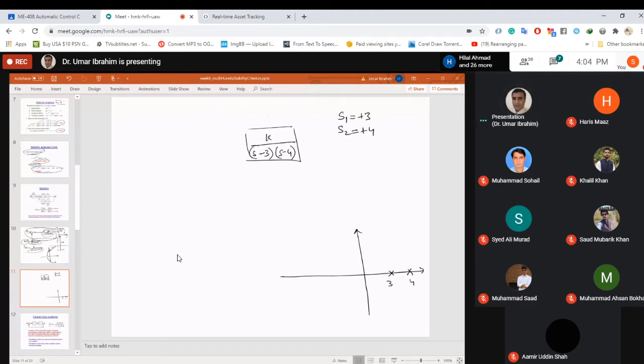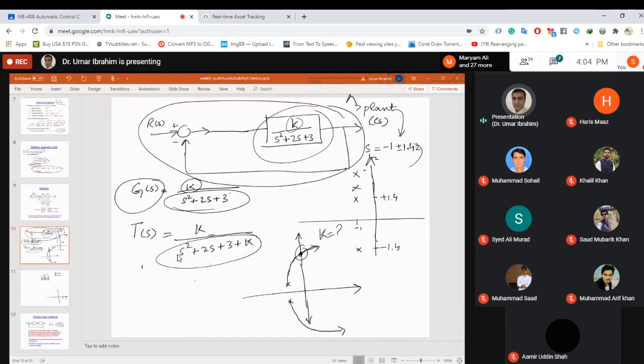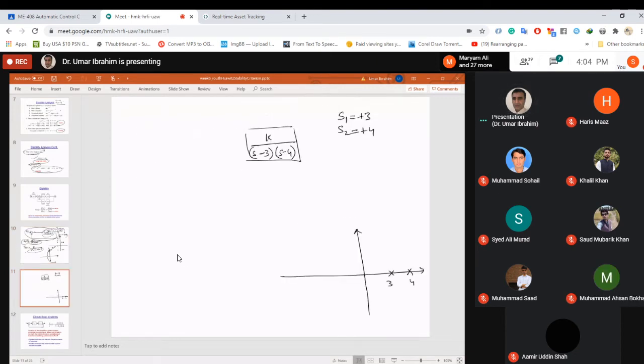Now this plant transfer function G of s is unstable.